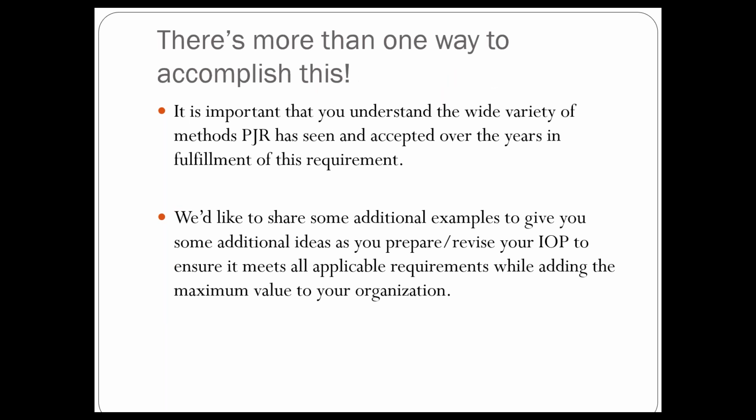Now, there's more than one way to go about doing this. There's a variety of approaches that you can take. So we're going to share with you over the next couple of slides some additional examples. If you're going to be developing your IOP, or perhaps you're looking to change it, each of these is from a current or former PJR client, and permission was granted in all cases for us to use these examples.